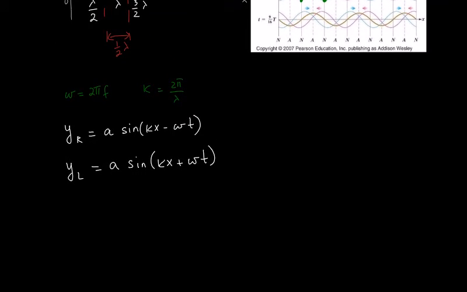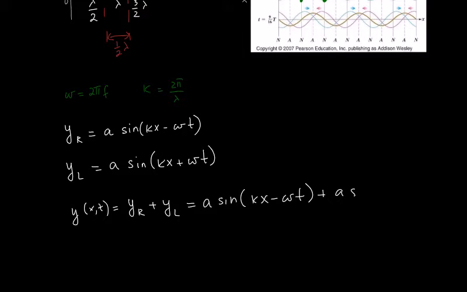Now, according to the principle of superposition, the net wave, or the net displacement of the medium when both waves are present, is the sum of these two waves. So I can write y(x,t) equals y right plus y left, that equals A sine(kx minus omega t) plus A sine(kx plus omega t).